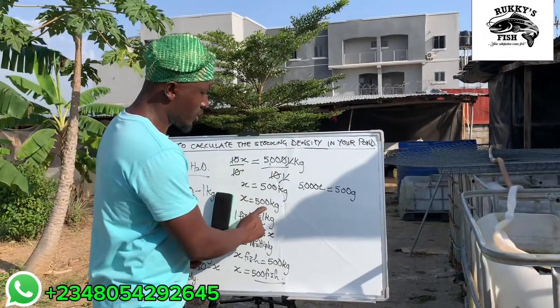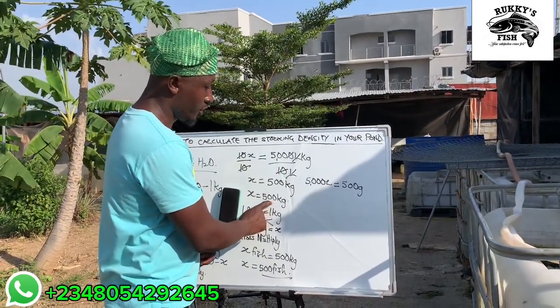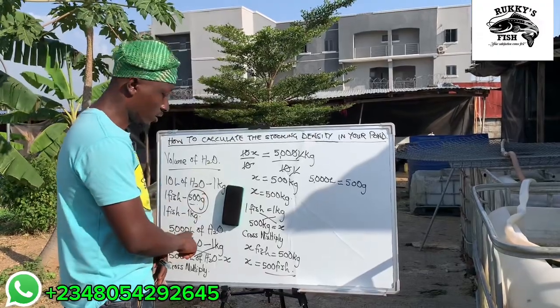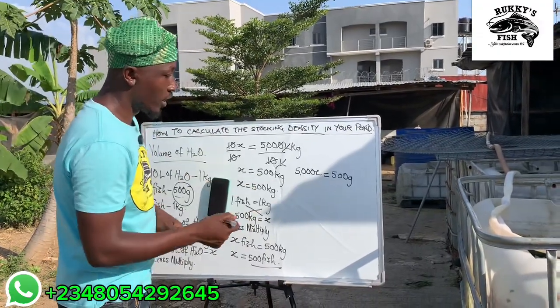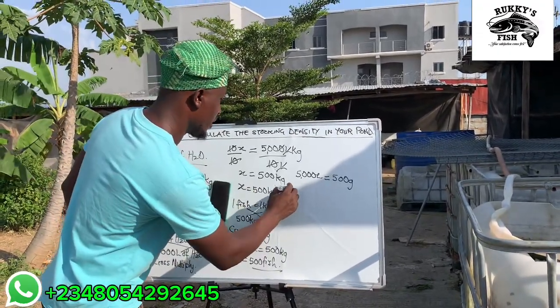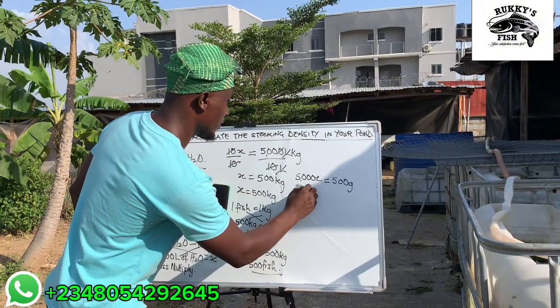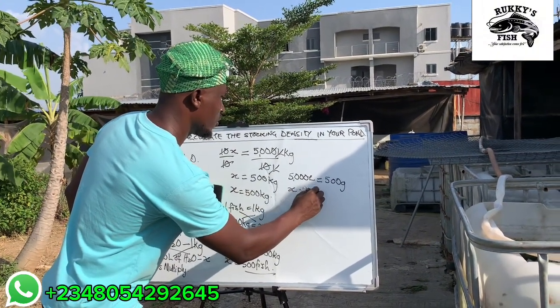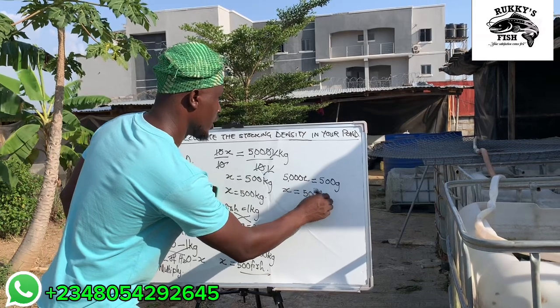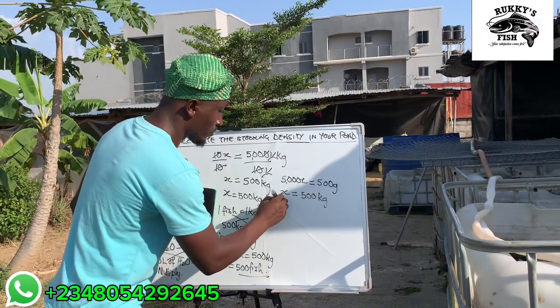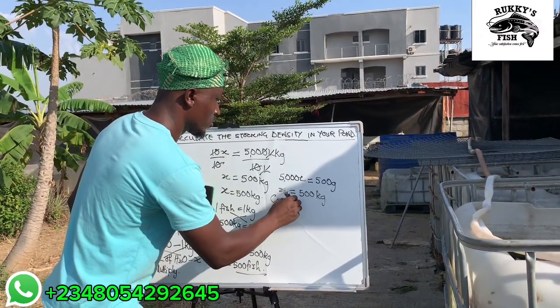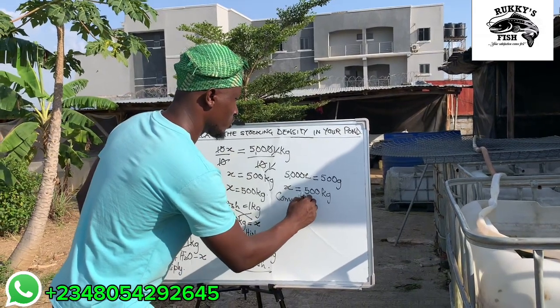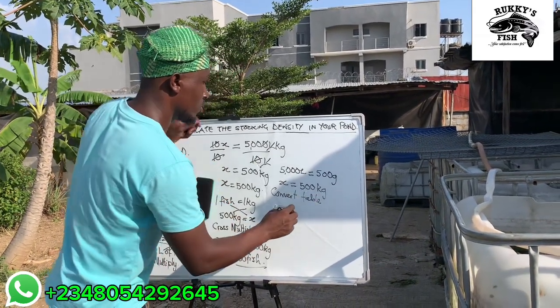Remember, we already know the quantity of fish that 5,000 liters of water will contain. Now we come here and then we write, if x is equal to 500 kg, we will now have to convert using the conversion table, right?